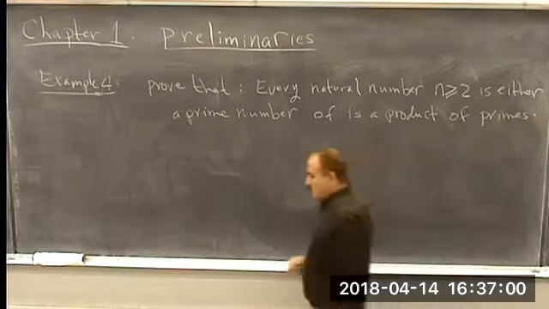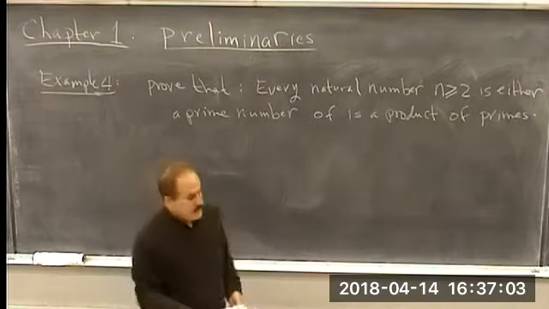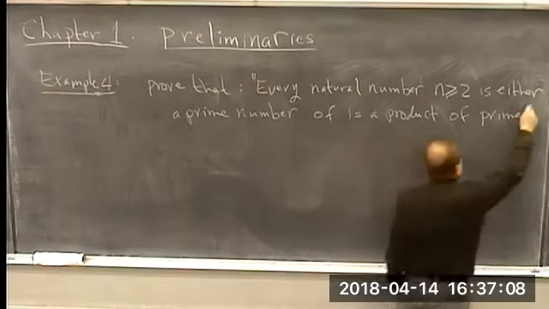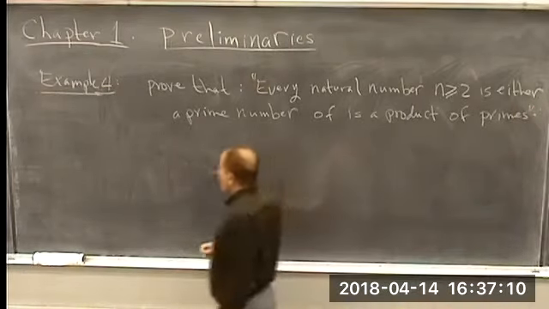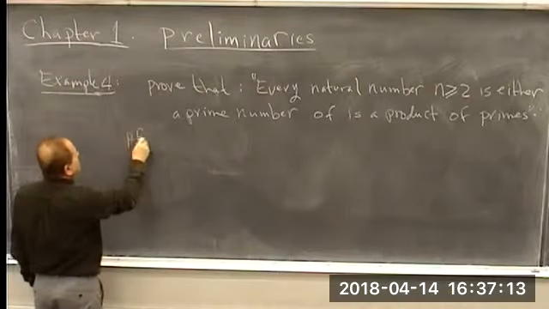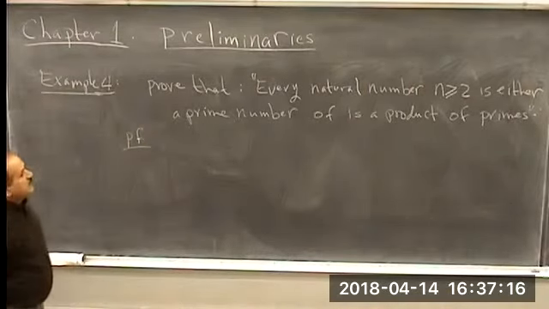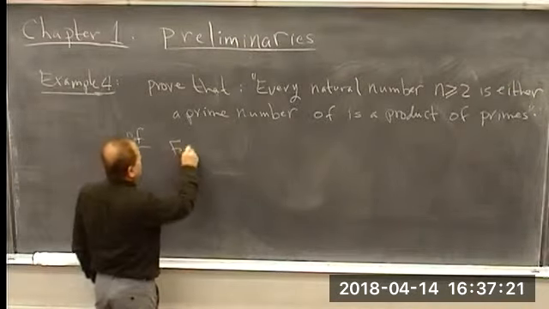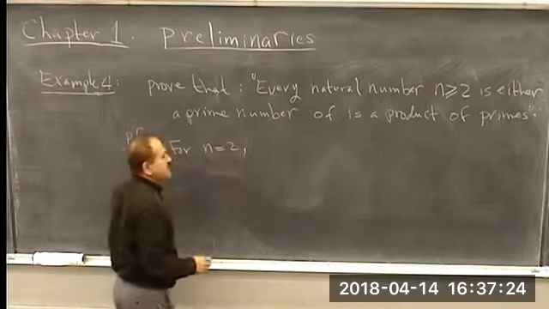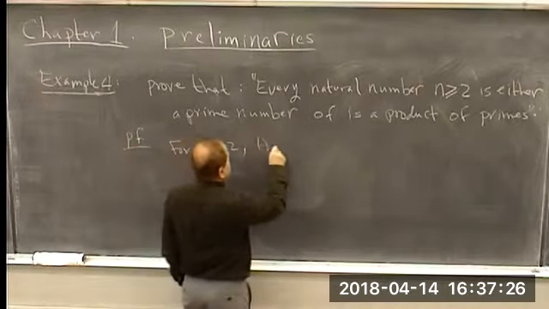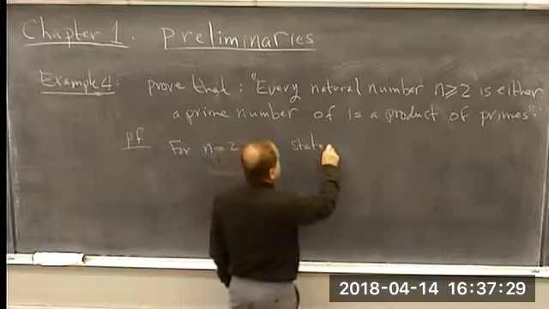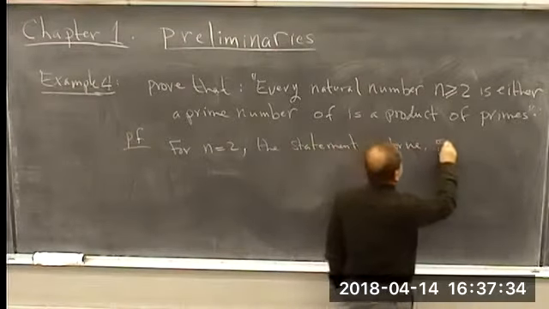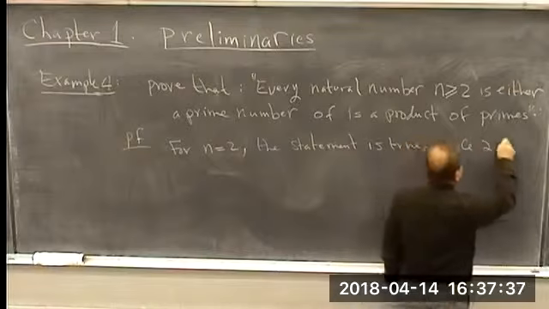Two or more primes, basically. Okay? So this is the statement that we need to show, to prove. So in here we want to start with n equal to 2. The statement is true since 2 is a prime.